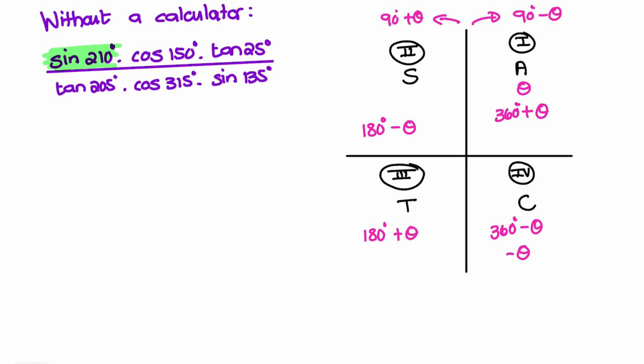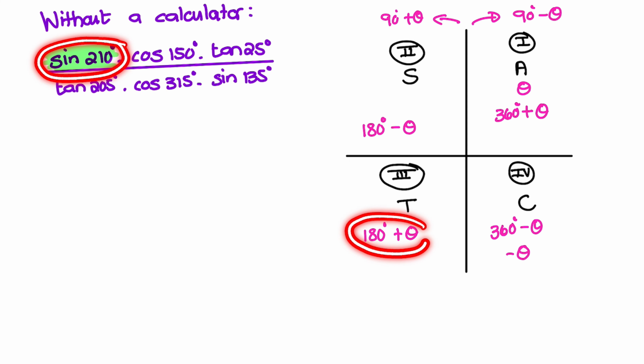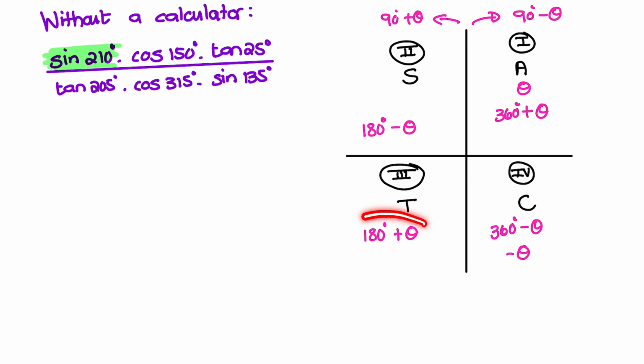Sine of 210 degrees places us somewhere in quadrant 3 because it's more than 180 degrees but less than 270. So we are going to use 180 plus theta to rewrite 210. That will become the sine of 180 degrees plus 30 degrees, and notice that this still adds up to 210.